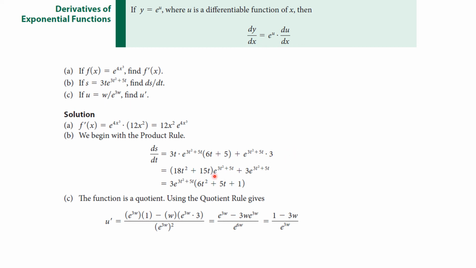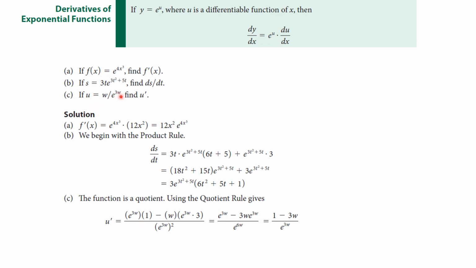After simplification, you will get 3 e to the power 3t squared plus 5t times 6t squared plus 5t plus 1.